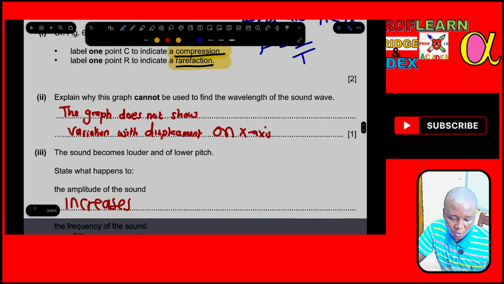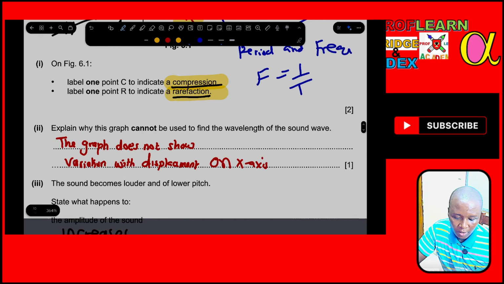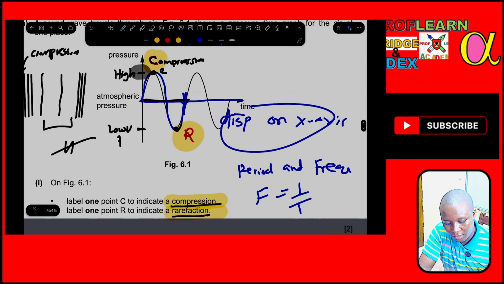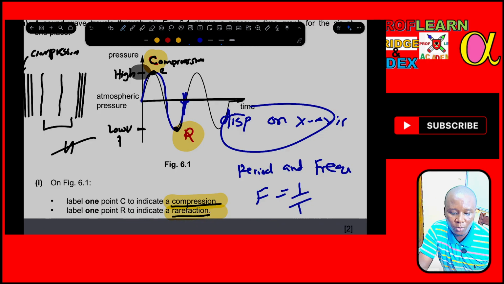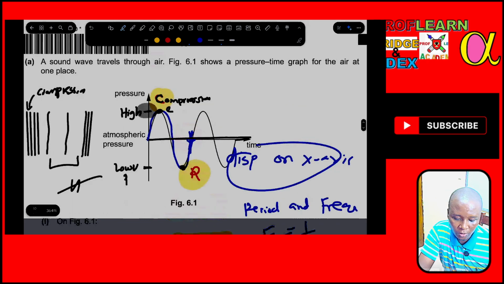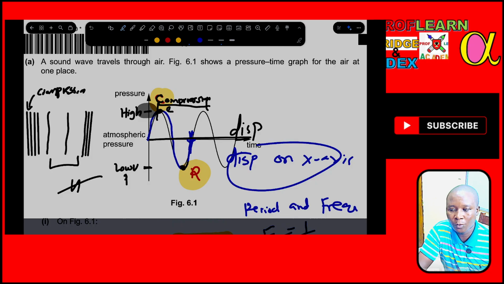Explain why the graph cannot be used to determine wavelength. You can see the graph has time on the x-axis. So there's no way this graph can be used to find wavelength, because wavelength is the distance between two crests. We should have displacement on the x-axis for us to use this graph to measure wavelength.